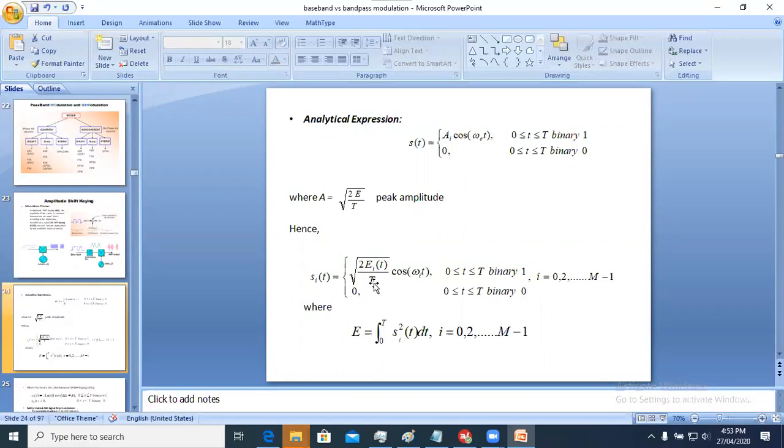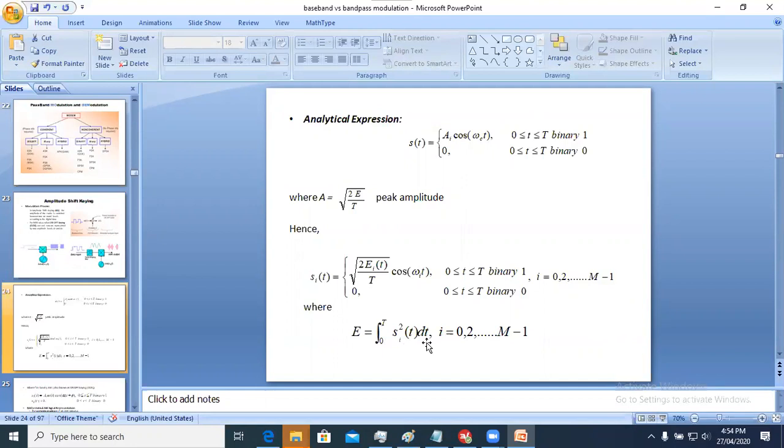So the modulated signal has the energy of the signal present in it. The energy of the signal is represented by taking the square of the signal and integrating it over the symbol duration. In that way we can have the energy of the symbol.